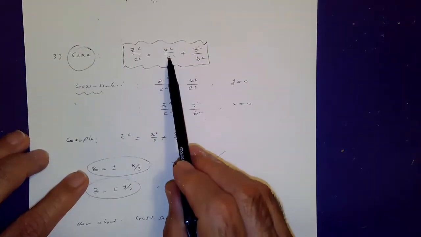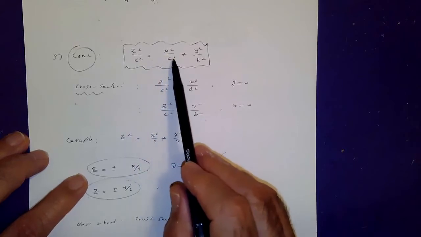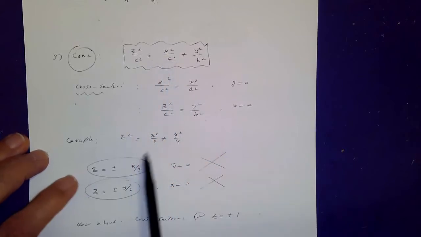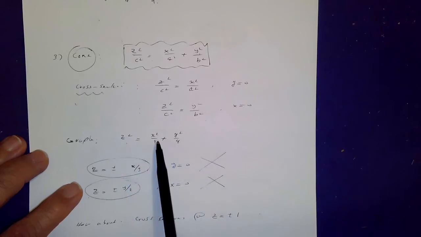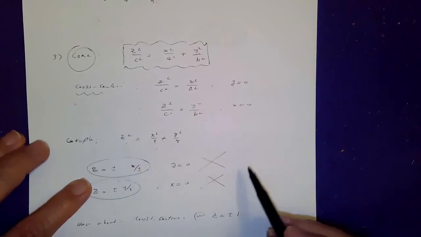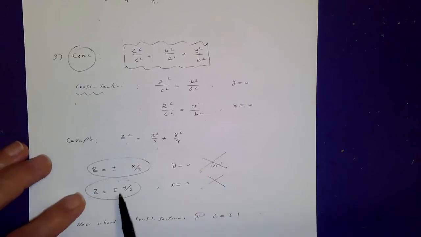If you set y equal to 0, you get z is equal to plus or minus x over 3. So along the z-axis, you get two intersecting lines which go through 0, 0, okay?